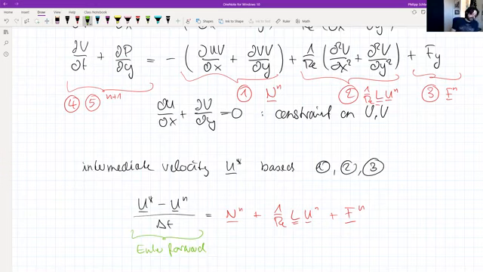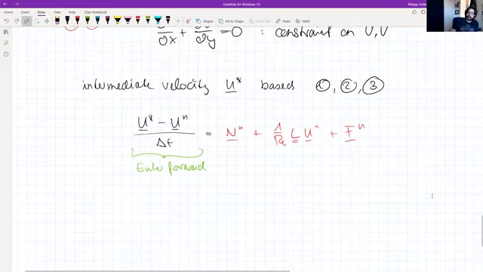Okay, so that gives me an intermediate velocity. This intermediate velocity u star has not yet taken into account the continuity equation. We have only taken steps 1, 2, and 3, but the continuity equation, so this constraint, we have not yet used. So that means we somehow now need to find a way of updating u star to a new velocity, which also takes the continuity and with that the pressure into account.